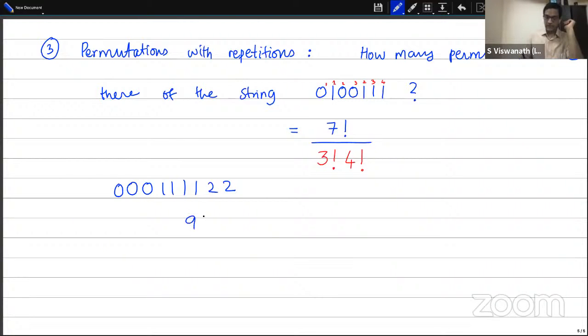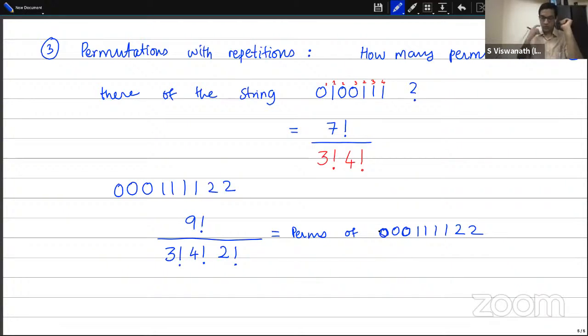So I take 9 factorial permutations, but I divide by my overcounting factor, which is that I can permute the 3 zeros among themselves, the 4 ones among themselves, and the 2 twos among themselves. So this is 9 factorial over 3 factorial, 4 factorial, 2 factorial. This will be the number of distinct permutations. And the earlier one is the number of permutations of the word 0, 0, 0, 1, 1, 1, 1.